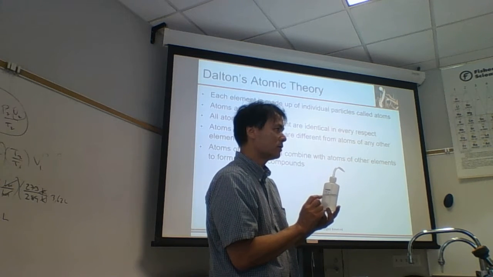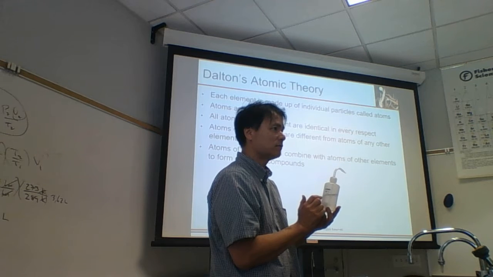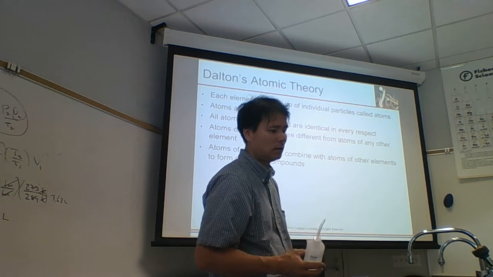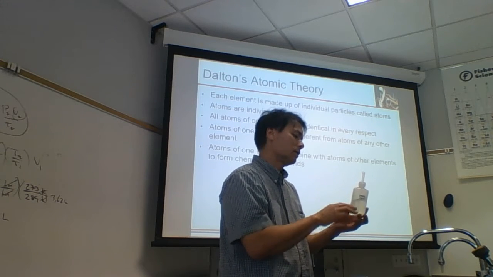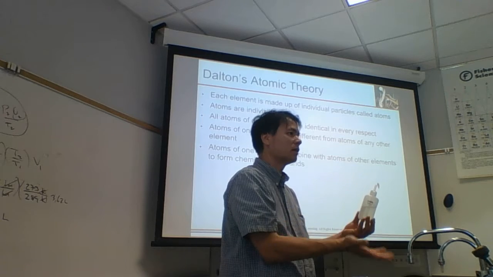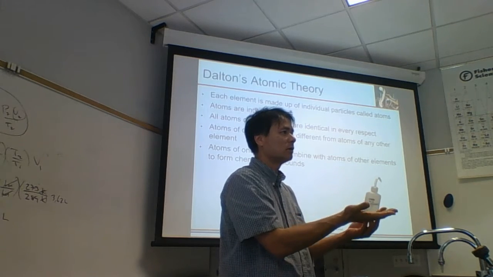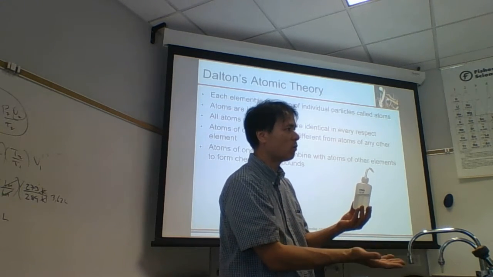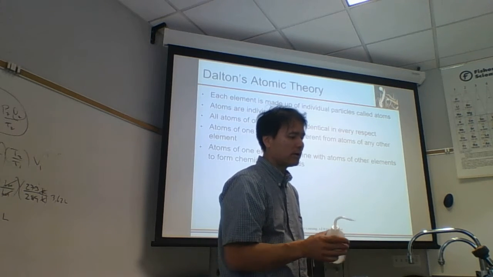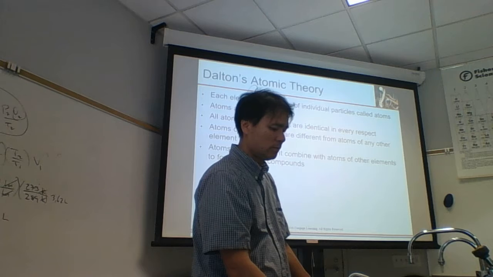Some weigh less than others. Could you taste the difference between the heavier water and the lighter water? No, you can't. But if you were to separate it, if you removed all the heavier water molecules from here, then definitely they would weigh different amounts. The heavier water molecules would weigh more than the lighter ones, and therefore they would have different densities. They would be more dense.